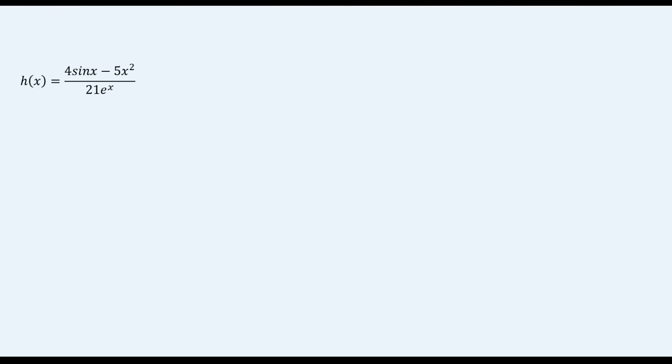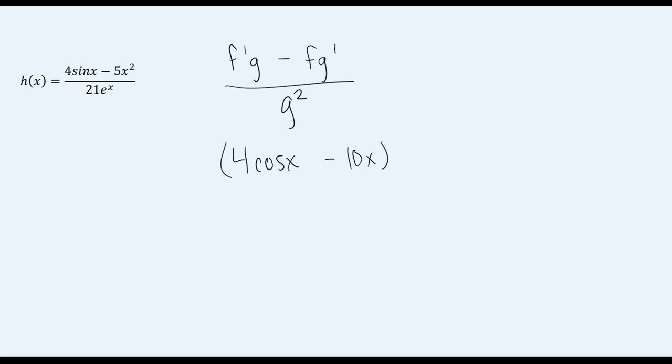All right, and then on our final one, here we are applying the quotient rule, so that's f prime of g minus f times g prime divided by g squared. So that means that would be f prime, which would be 4 cosine minus 10x times g, so times 21 e to the x, minus f times the derivative of g.